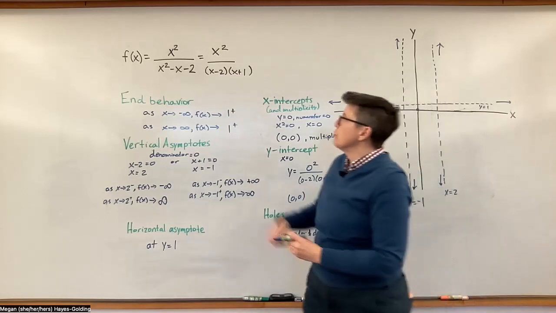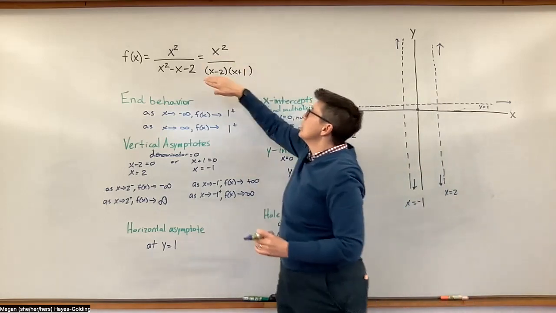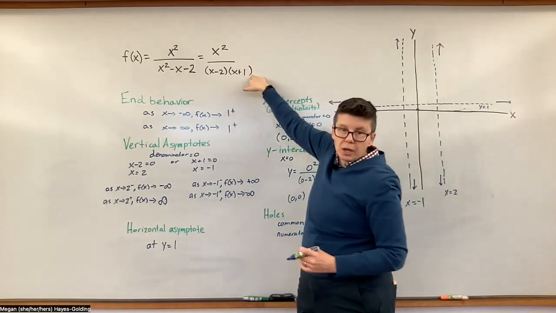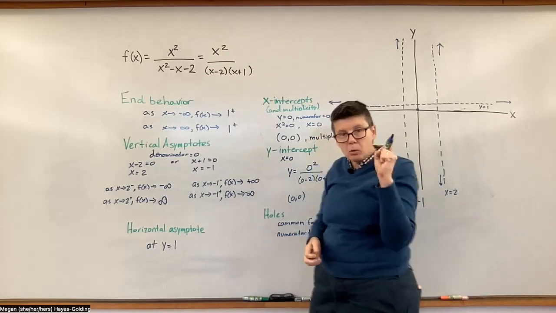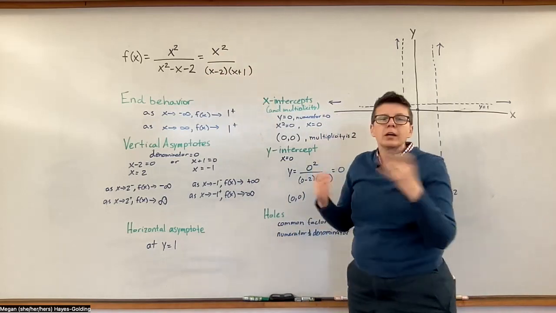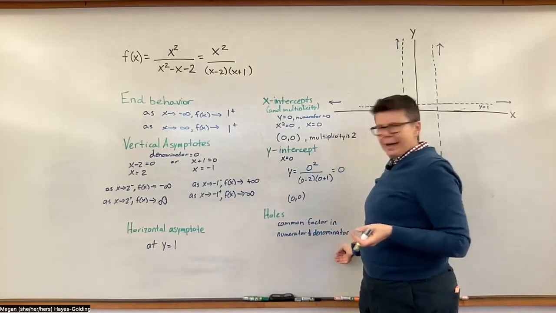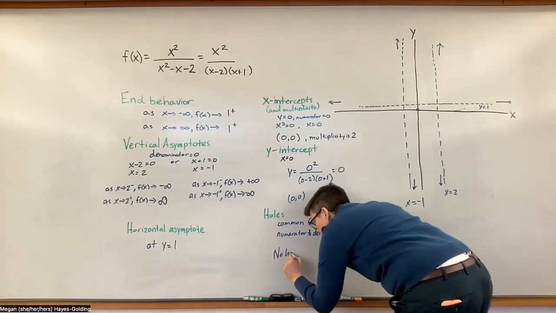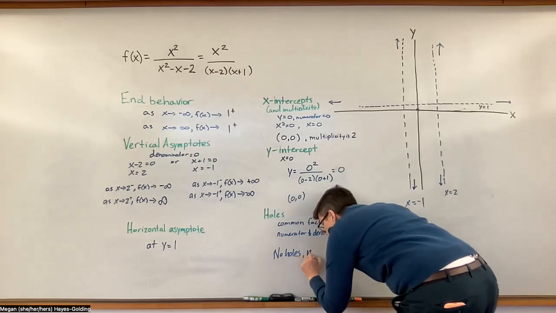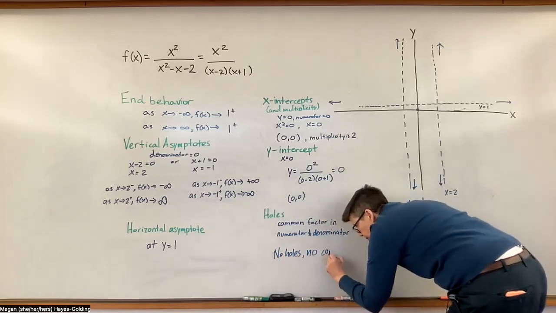For instance, if I had x plus 1 over something, something, something, x plus 1, the x plus 1 would be a common factor. And at that point, when x is -1, that would be a hole. I don't have any common factors.